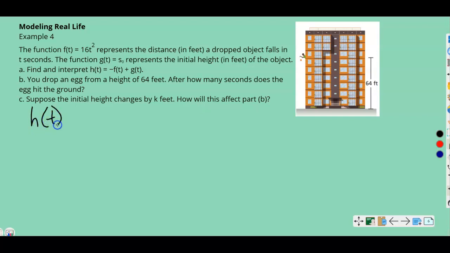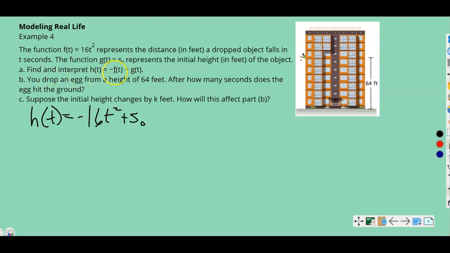So we have h of t equals negative f of t, so negative 16t squared, and then it says plus g of t. g of t is just s sub 0, so plus s sub 0. So all we did to get h of t was take negative 16t squared and then add that to g of t, which is s sub 0.